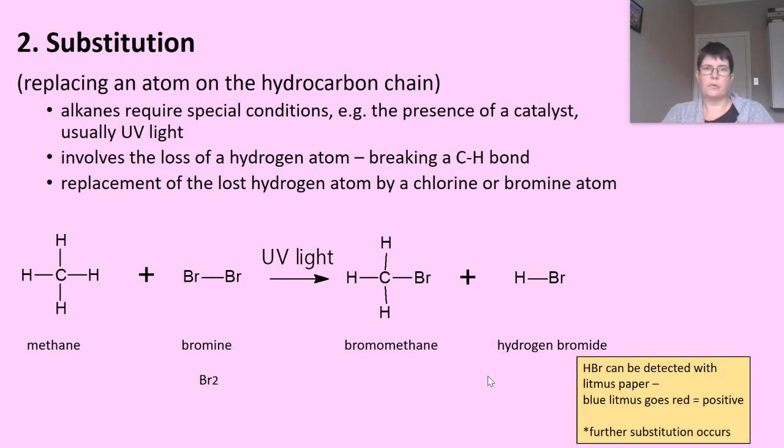The other kind of chemical reaction that alkanes can undergo is substitution. This is a type of reaction where an atom on the hydrocarbon chain is replaced, and in this case, it's usually replaced with a halogen, which makes a haloalkane. My example here is methane with bromine, which is Br2, and it makes bromomethane.